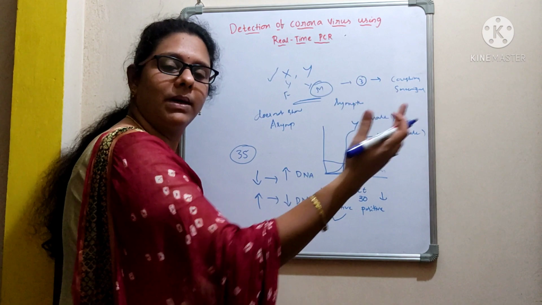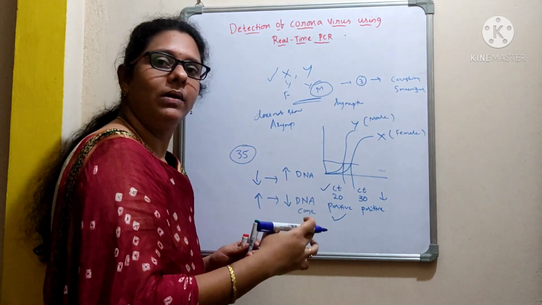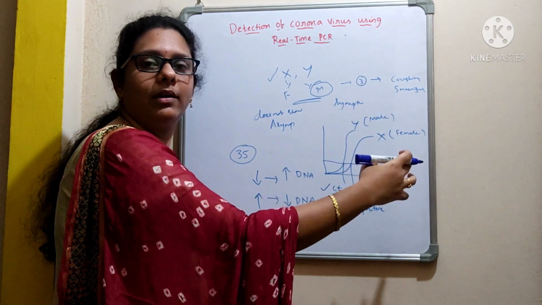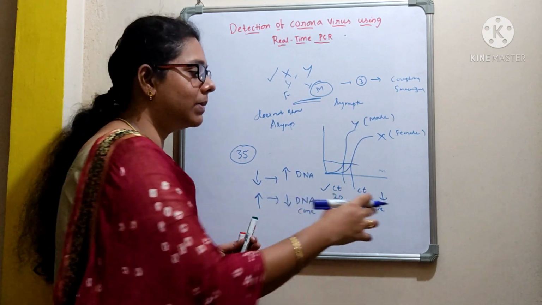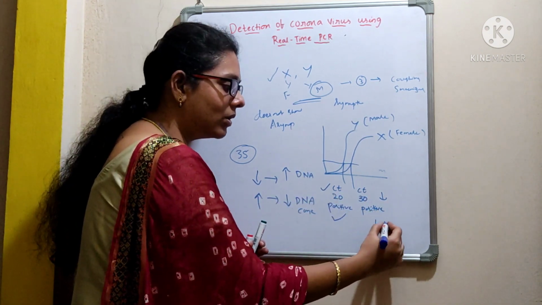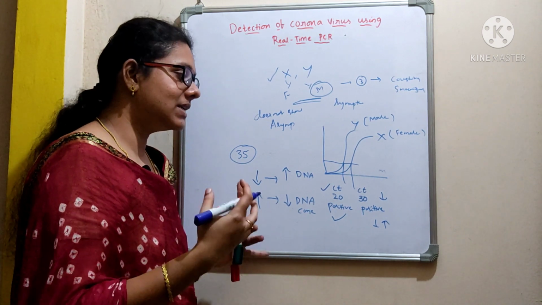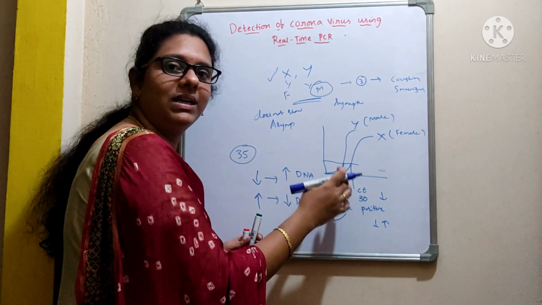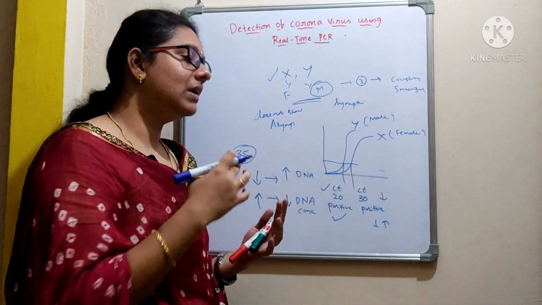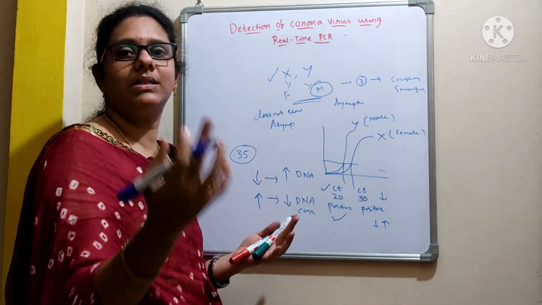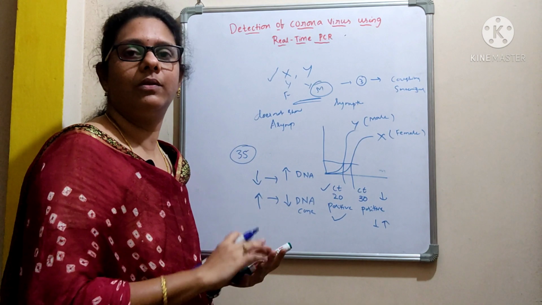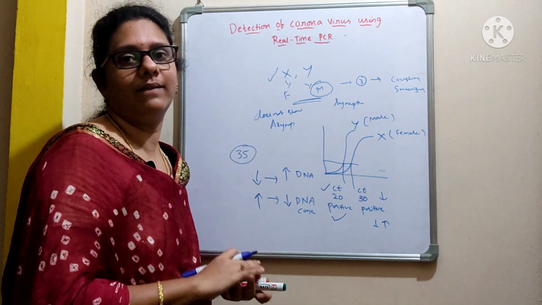Maybe she has some other health issues, or maybe her immune response is not good enough to fight the germ. She might be in a danger zone and it will take more time for her to recover from the infection. So we can't say exactly based on this CT value, that is the cycle threshold value. It varies from person to person, how they respond to the infection based on their immune levels.